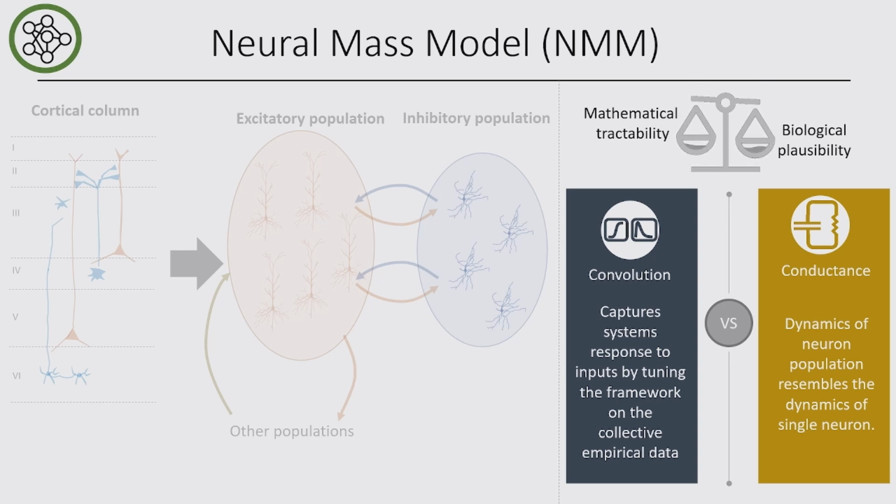So this isn't everything under the sun, but it's probably the largest single class of models that you'll encounter if you're working in this field and reading the literature. And so a neural mass model, essentially we have two general types. We call them convolutional models and conductance-based models.